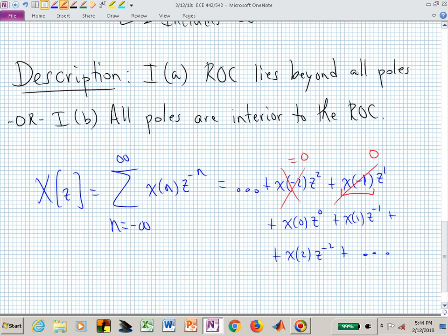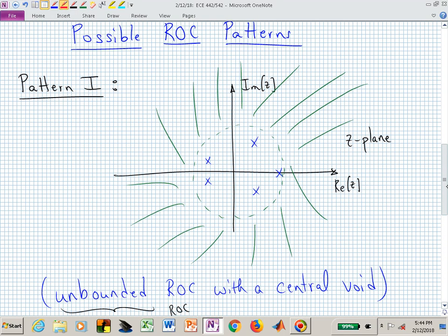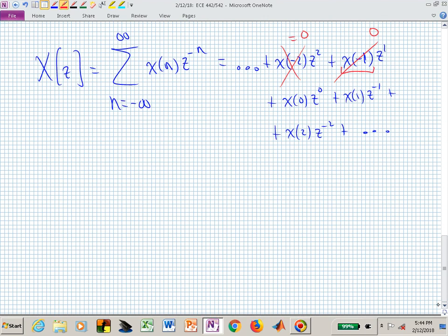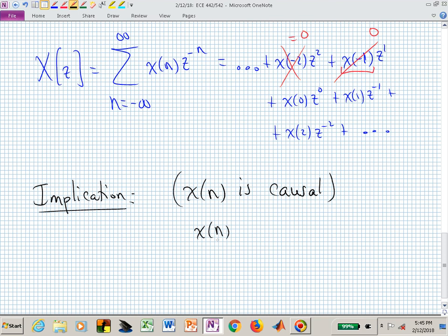The implication you can take away from this particular pattern, pattern 1, that's outside of all poles and going unbounded, is that your sequence in time, x of n, is causal, meaning x of n is equal to 0 for all n less than 0.